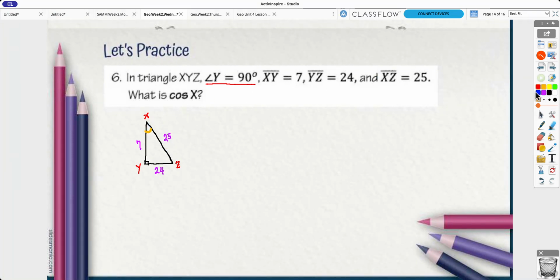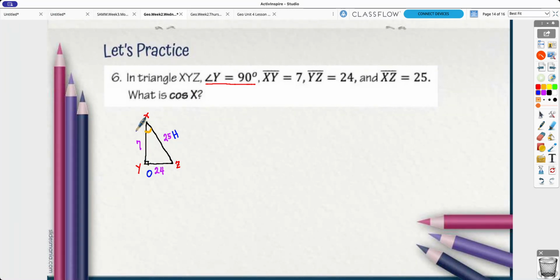Let's identify the sides if your angle is X. Again, across from the right angle is the hypotenuse. Across from X is the opposite side.